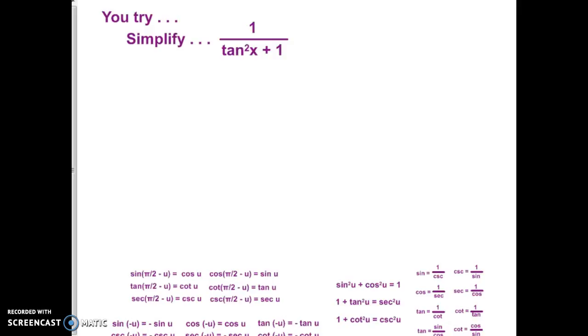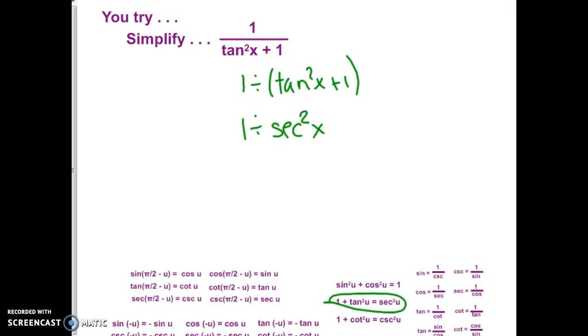Now let's try simplifying this one. Anything scream out at you? Does to me. Right down here. This is 1 divided by tan squared x plus 1. You didn't expect that, did you? Now I'm going to do 1 divided by secant squared x, because this is equivalent to secant squared x.